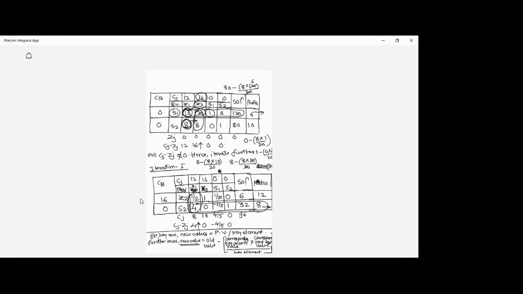So let's do further iteration and then we can stop in this lecture. I'll be drawing this particular table again, so that there won't be any confusion. Just give me another couple of seconds, and we'll be moving ahead.